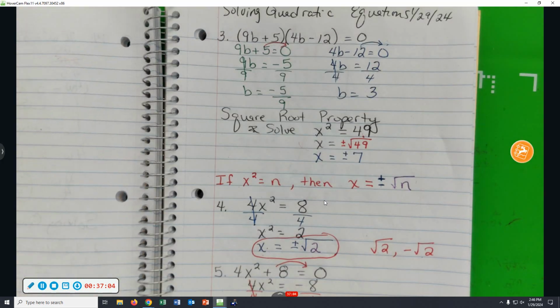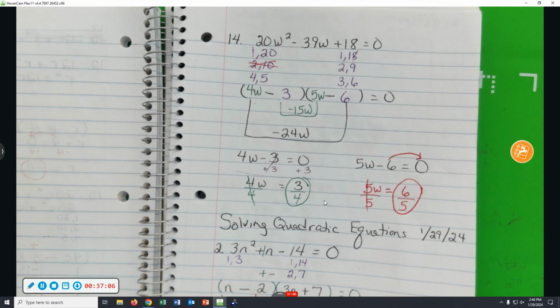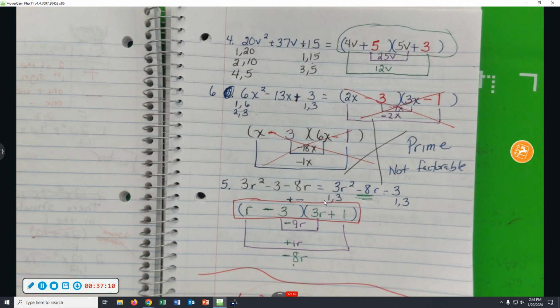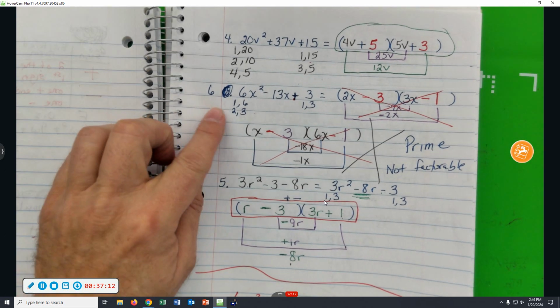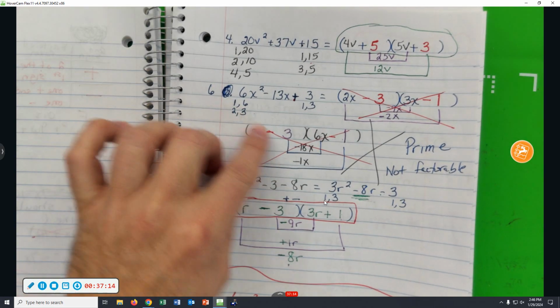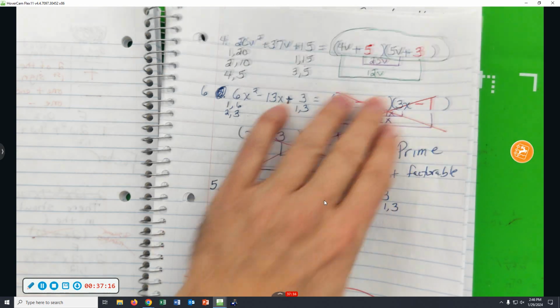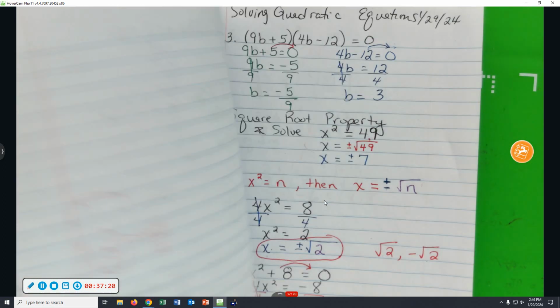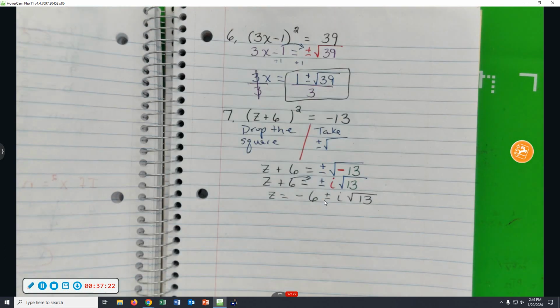And the factoring method doesn't always work. The last time we saw some factoring problems that didn't factor, like number 6 the last time. Remember we tried to get it to factor and it wouldn't. And so it's possible that you might get a quadratic equation that wouldn't factor.